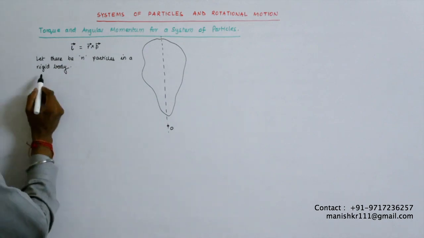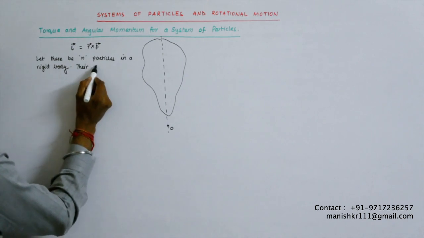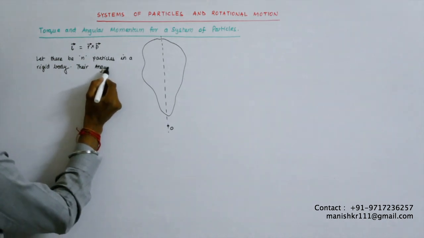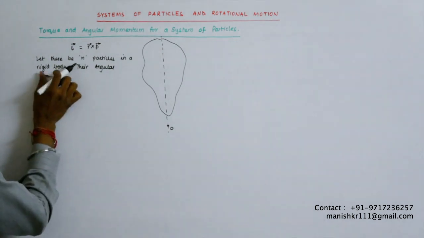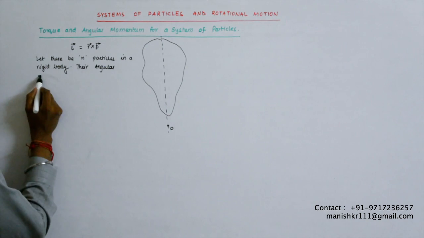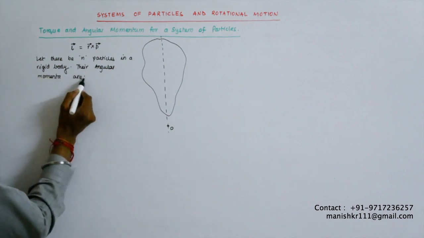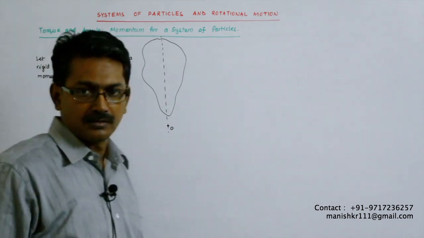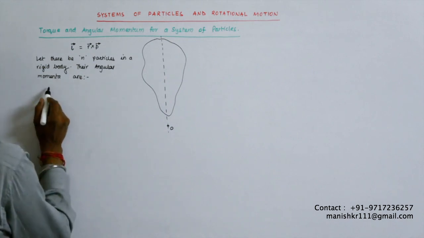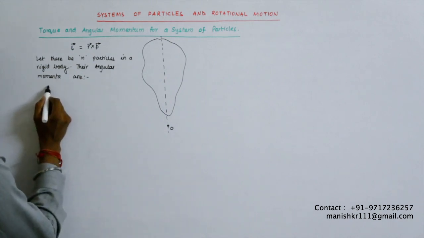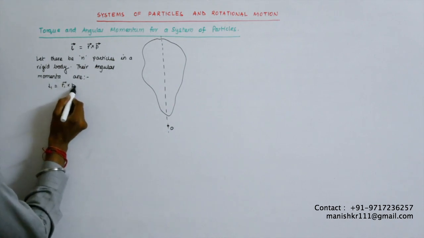So their angular momenta are, for the first particle, L1 is equal to r1 cross p1.